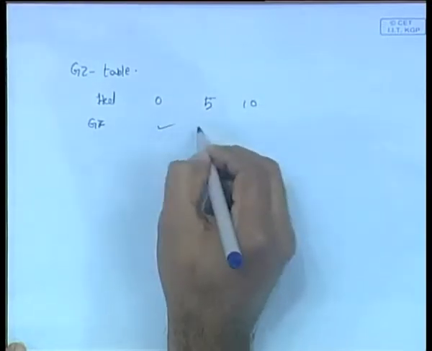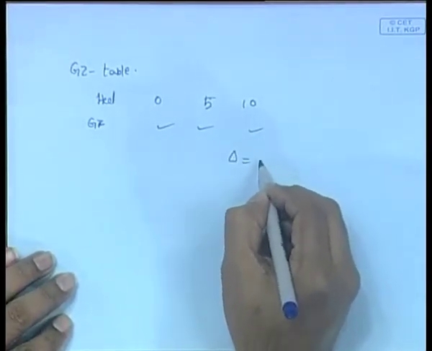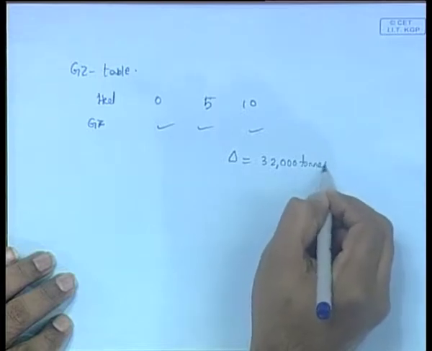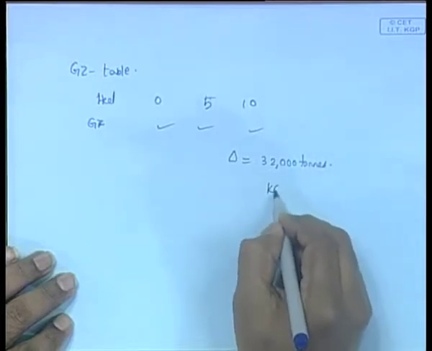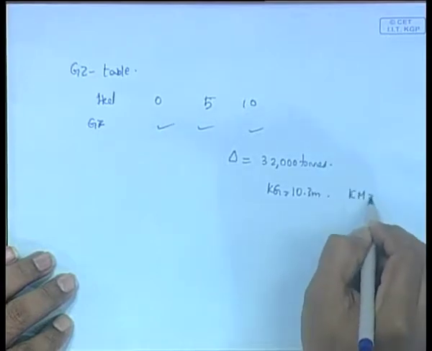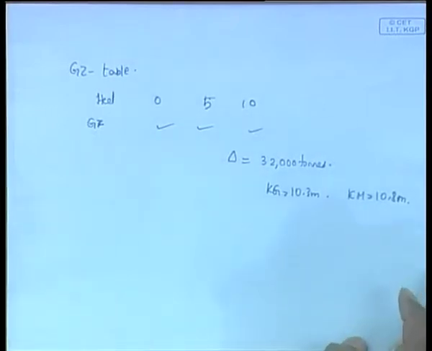Then you are given the displacement of the ship, then KG is given, KM is given. So, from this you can directly get your GM, there is no problem in calculating GM.